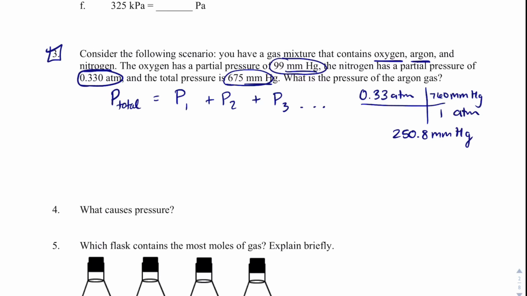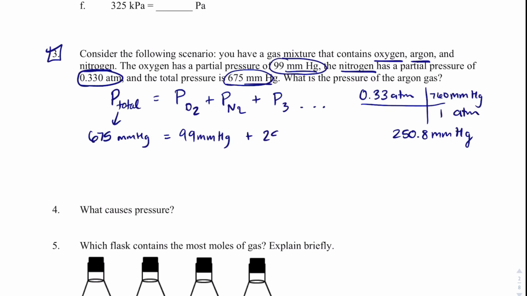And so what I'm going to do is plug in my total pressure. That's 675. This is equal to the pressure of oxygen, and that pressure of oxygen is 99. So we'll change this to O2. We'll change this to nitrogen, N2.